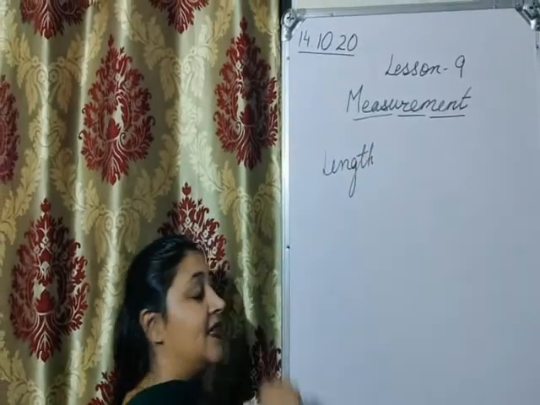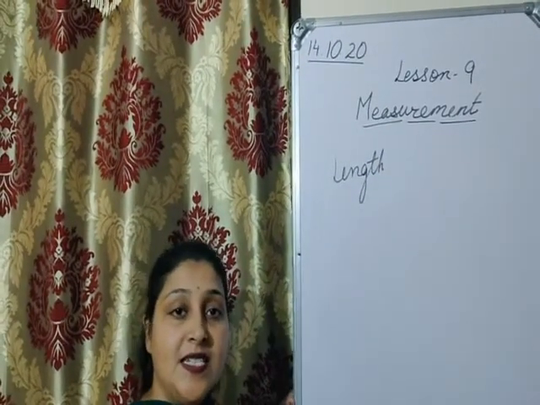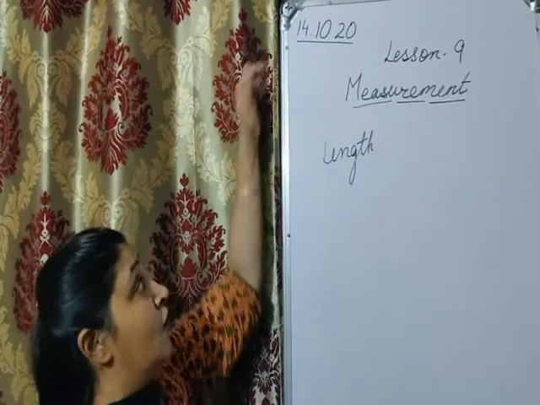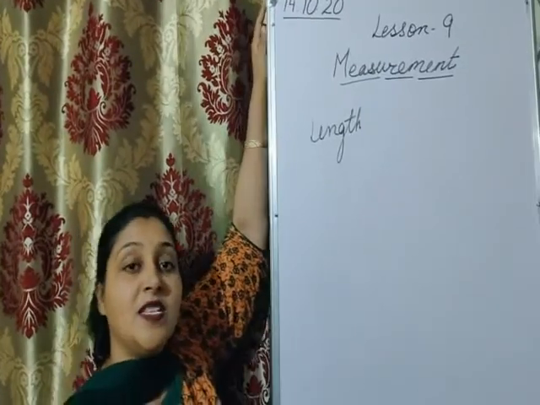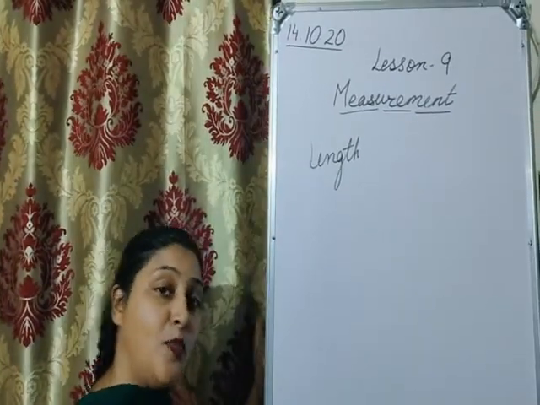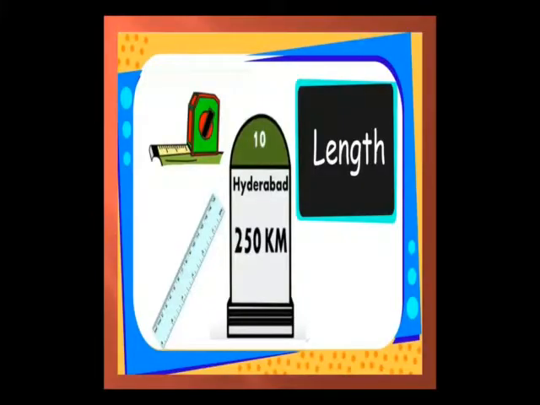What is length? Length is basically the distance between 2 points. For example, distance from this point to the end point of the boat. Length is the distance between 2 points. Children, when you are measuring your height, it means you are measuring a length.